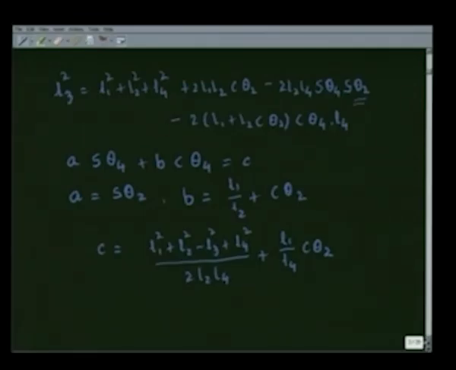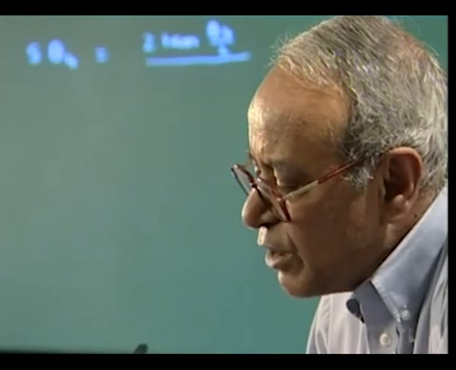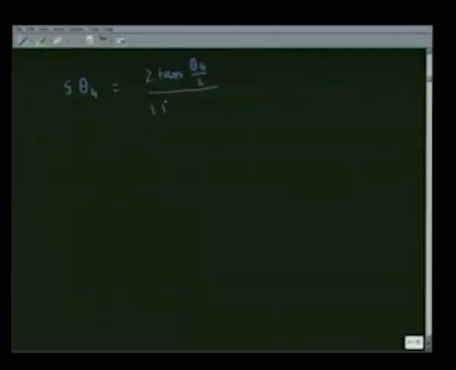That means we write sine theta 4 as twice tan of theta 4 by 2 divided by 1 plus tan squared theta 4 by 2, and cosine theta 4 we write as 1 minus tan squared theta 4 by 2 divided by 1 plus tan squared theta 4 by 2.